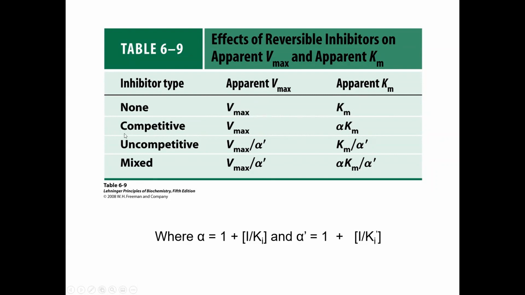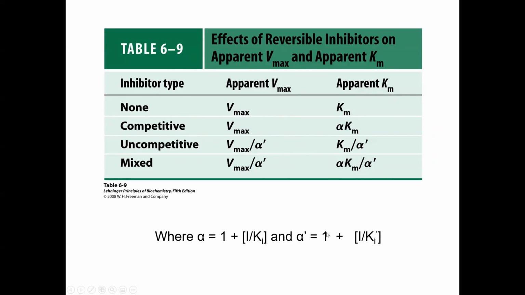When you have competitive inhibitors, your Vmax doesn't change, but your Km does change by a factor of alpha. What is alpha? Alpha is a new parameter that is defined as 1 plus the concentration of I divided by big Ki. What is alpha prime?